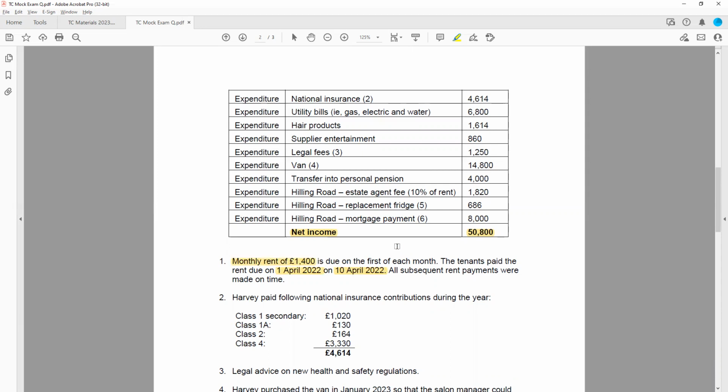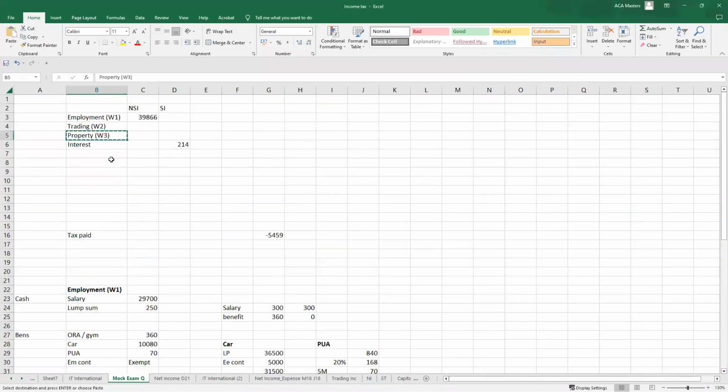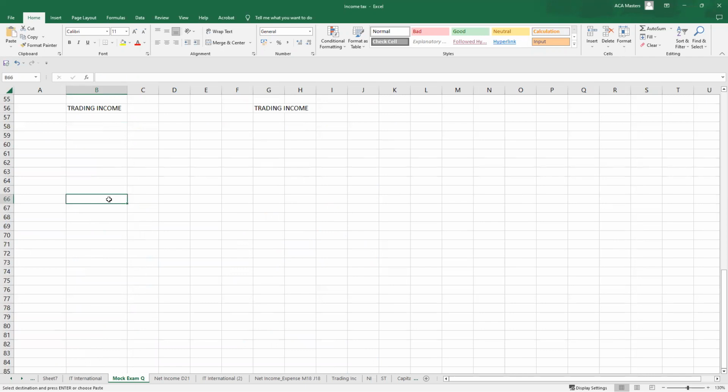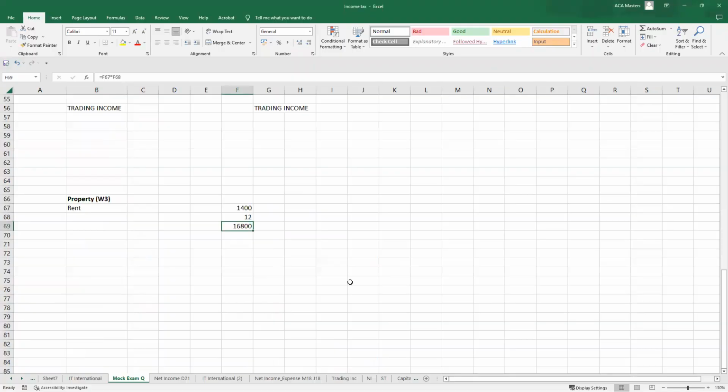So we're going to have property income here as well. So you might want to do this at the same time, because we're going to take it out of trading and put it into here. If we just take 1,400 a month, you'd expect it to be this amount per year, but we know they paid a month late, and that explains that extra 1,400, because you can see that's that extra month there.